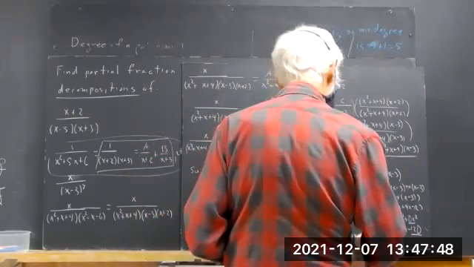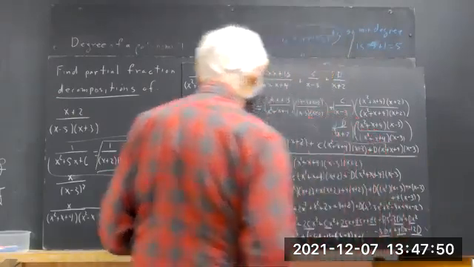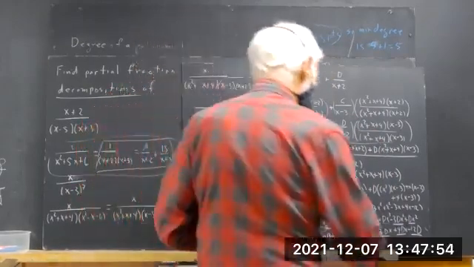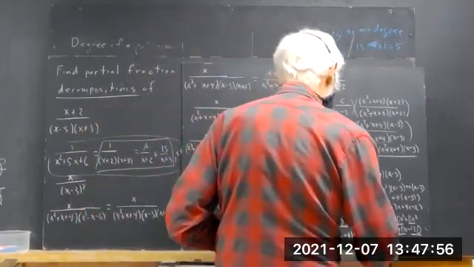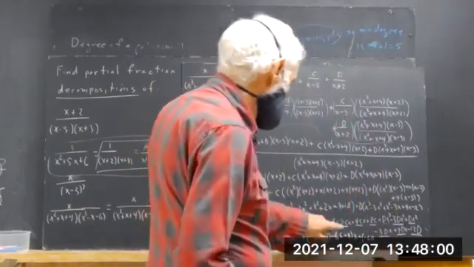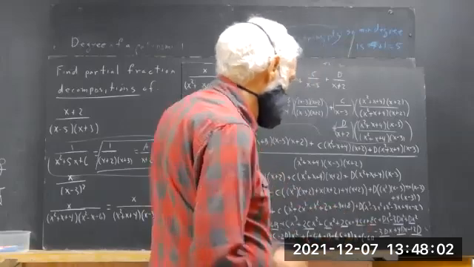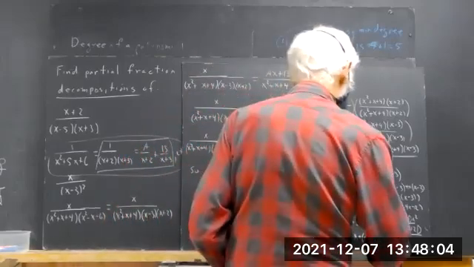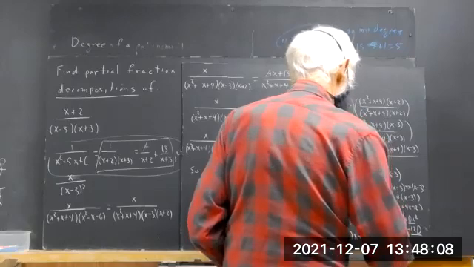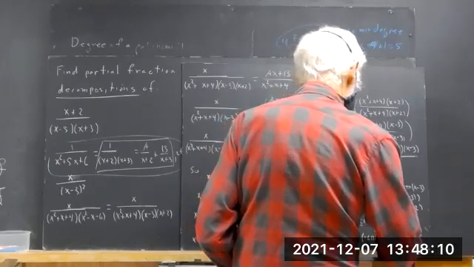So this will be plus negative 6b plus 8c minus 12d.